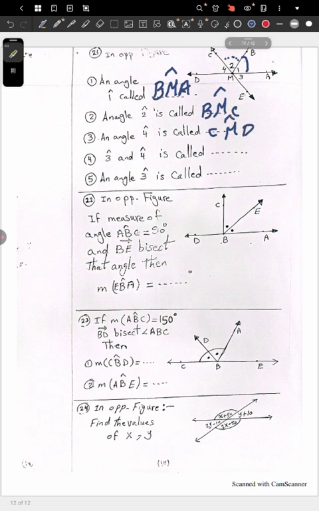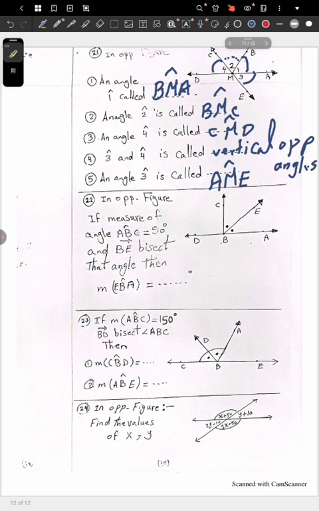Okay. 3 and 4 are vertical opposite angles. An angle 3 is called AME. I want you to learn how to read these angles.